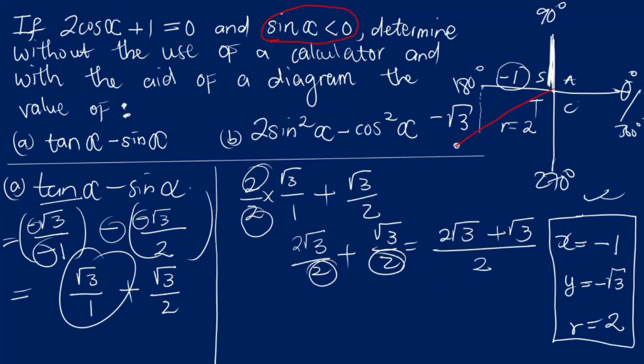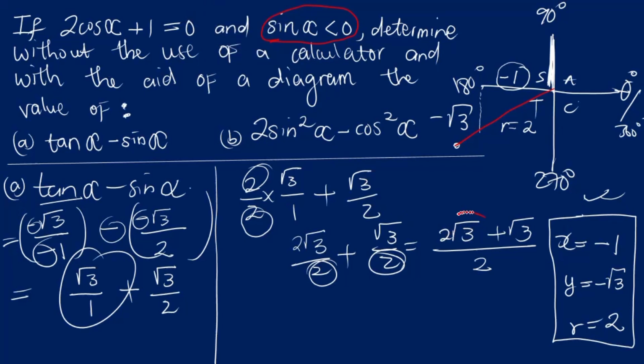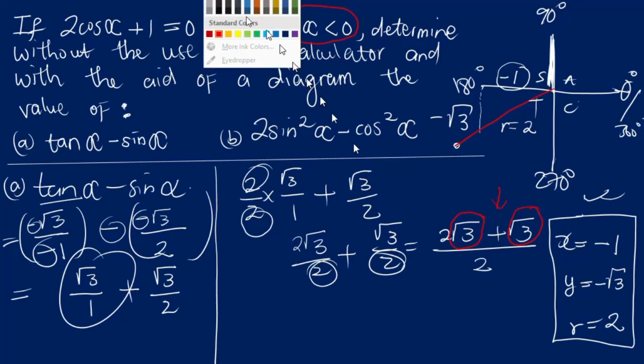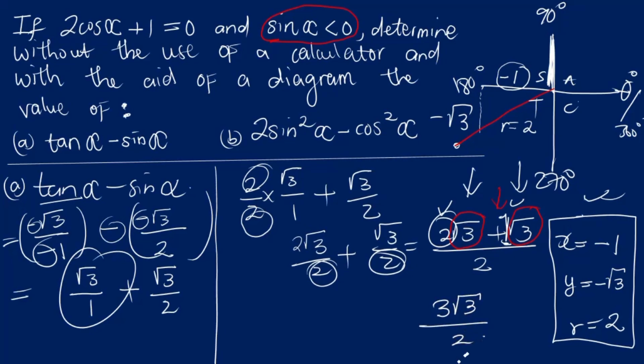Now what do you see there? We see that this has a root 3 and this has a root 3, and we are adding them. So what are we adding? We are adding like terms. When you add like terms, what are you supposed to do? You keep one variable and then you add the coefficients. What is the coefficient here? The coefficient is 1. So I add the 2 and the 1, I get 3, and then I represent them with that root 3 all over 2. All set? That's how you do it for the first one.